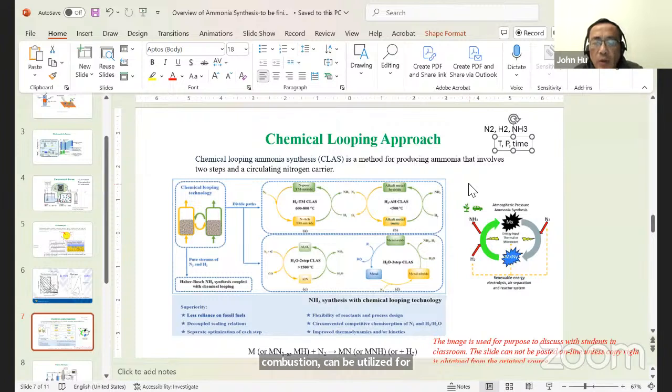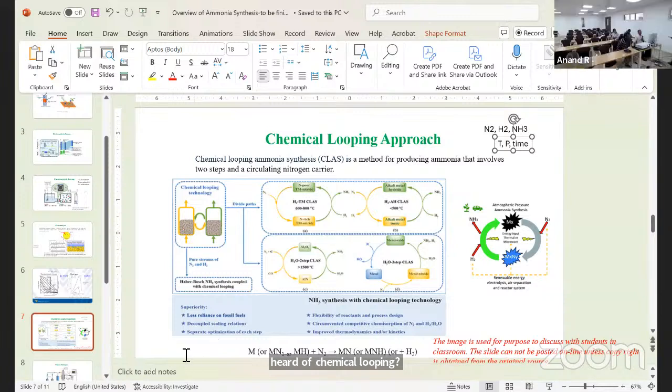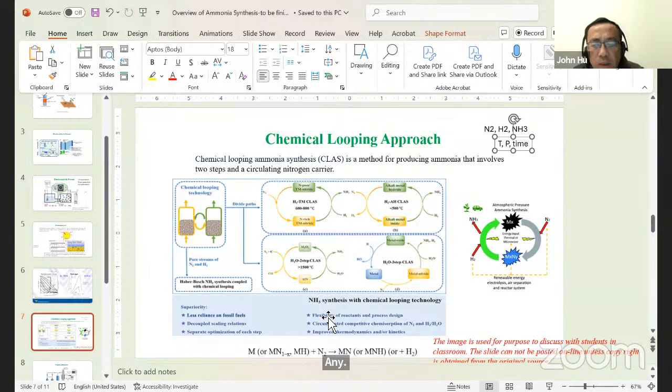But today I'm talking about chemical looping for ammonia synthesis to break the equilibrium control. Anybody in the audience can give a try? Have you ever heard of chemical looping? Any? Yes, go ahead.